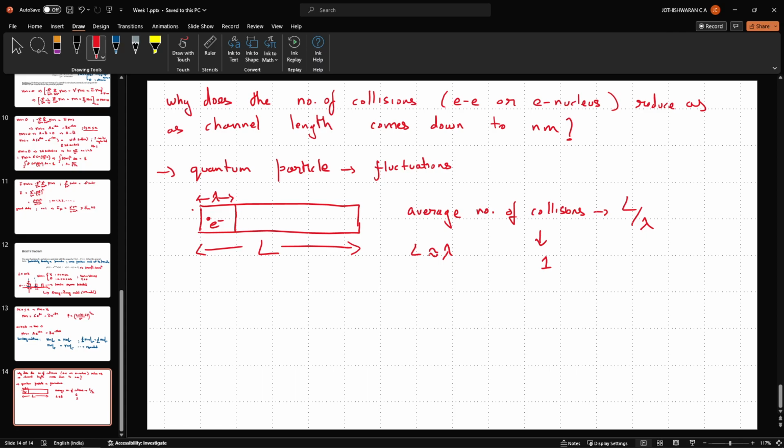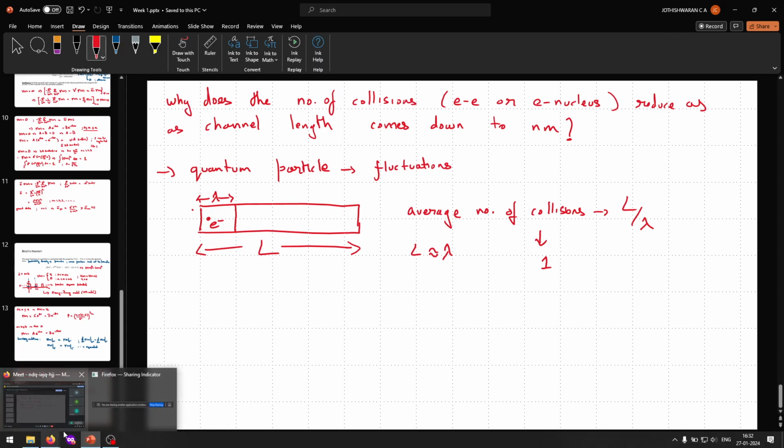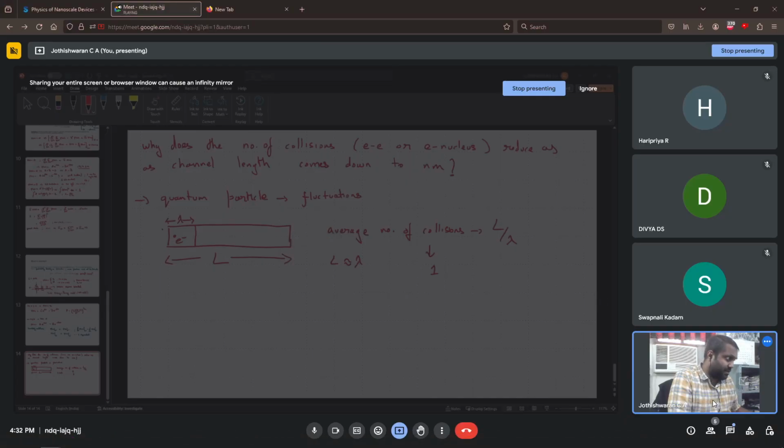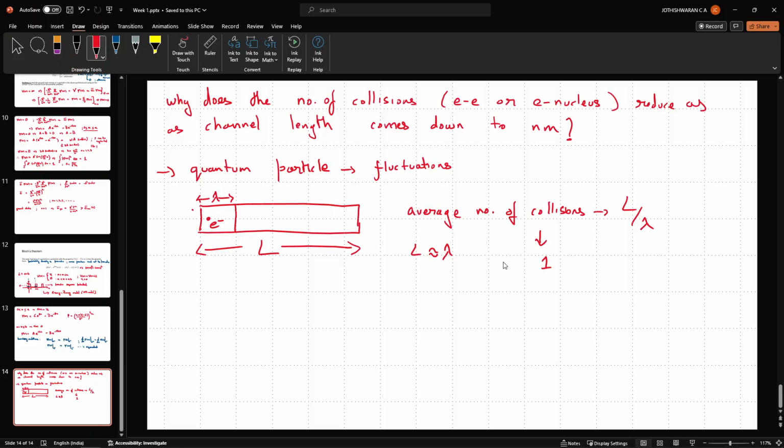This is the average of a quantity that can only take whole number values, 0, 1 and so on. So if the average goes to less than 1, this implies on an average the electrons do not undergo any collisions. This quantity lambda is the mean free path of an electron.